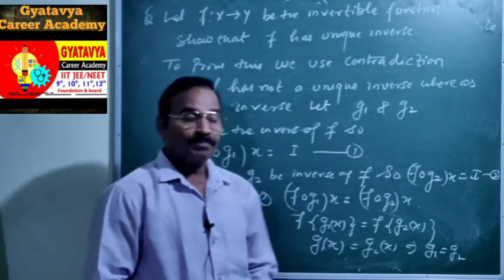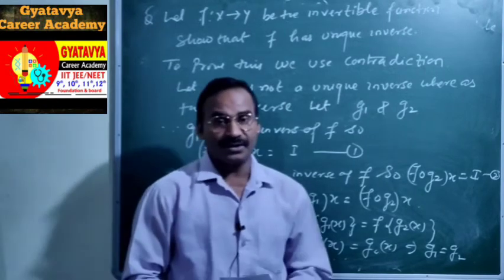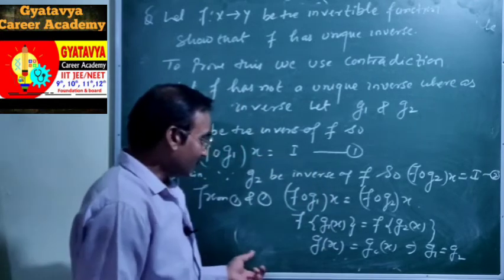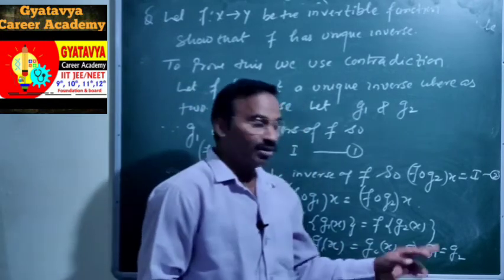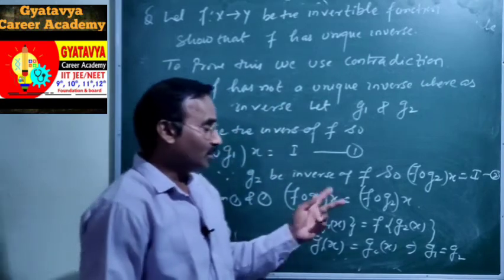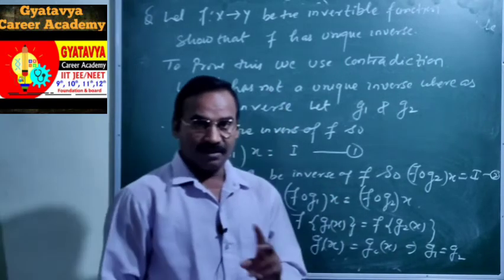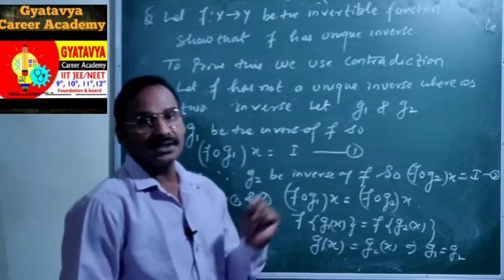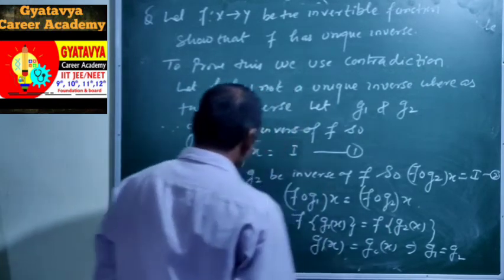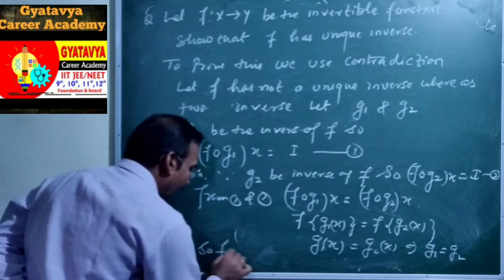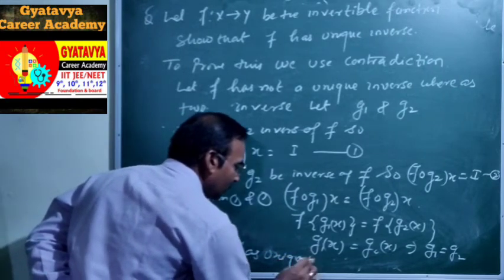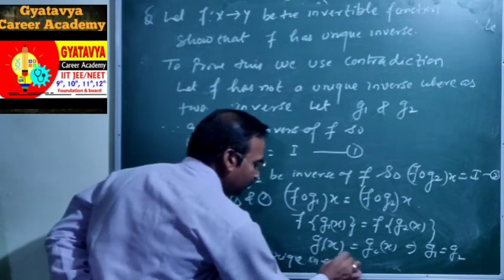We had taken that f has not a unique inverse, whereas two inverses g1 and g2, but at last we have proved g1 equals g2. That means there is no more than one inverse; g1 and g2 are equal. So f has a unique inverse.